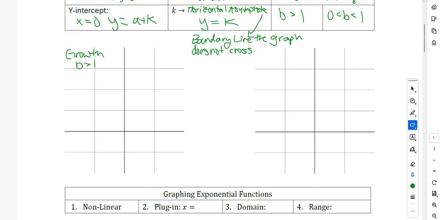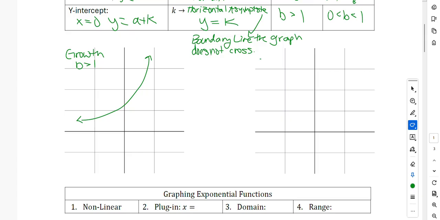Exponential growth graphs are going to look like this most of the time. The values are growing exponentially. Exponential functions are based on multiplying, because if I have 2 raised to the x, I'm doing 2 times 2 times 2 times 2, x number of times.